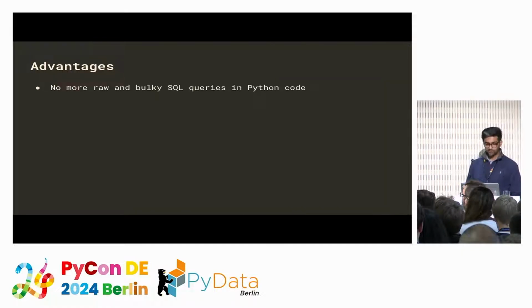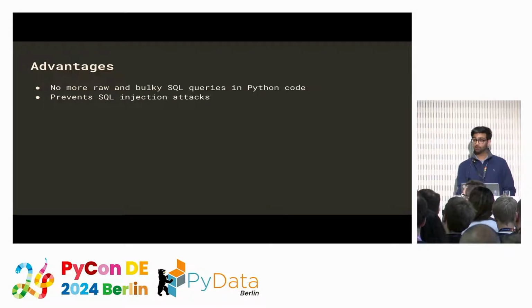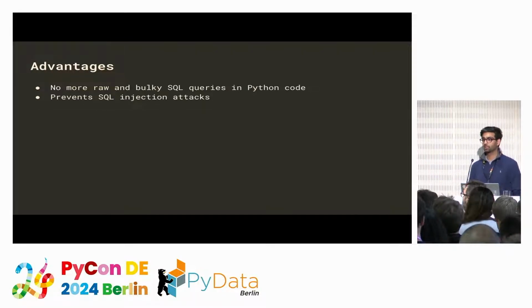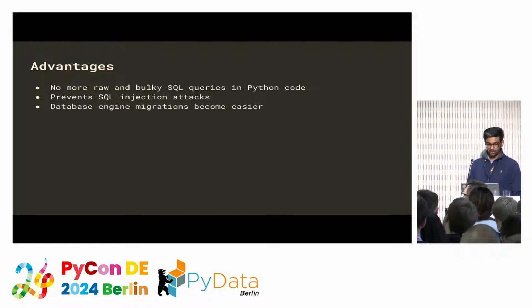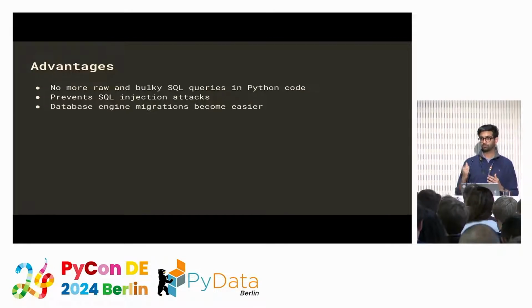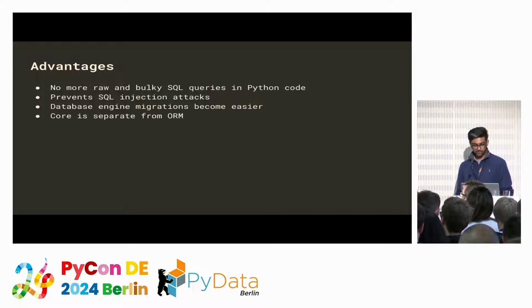A few advantages are that after using SQL Alchemy, you no longer have raw and bulky SQL queries in your code. As a bonus, it also prevents SQL injection attacks because it uses bound parameters and prepared statements. And with SQL Alchemy, as this is an abstracted layer on top of Python's DB API, you can easily migrate between different databases and different DB APIs.